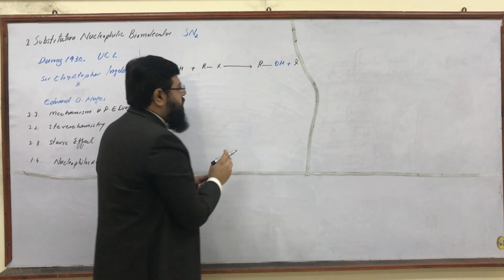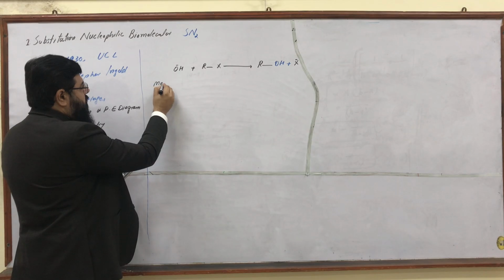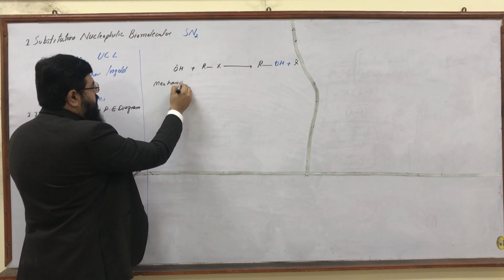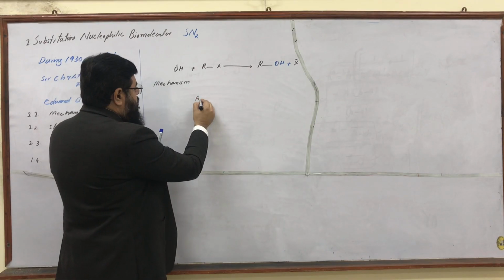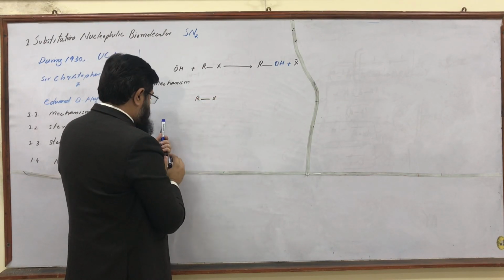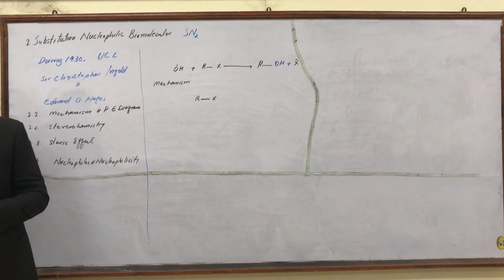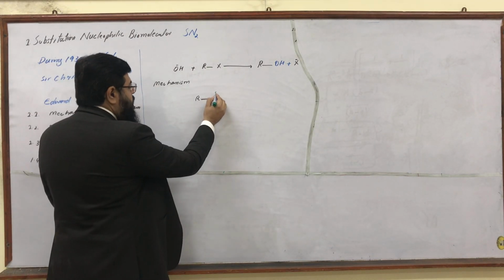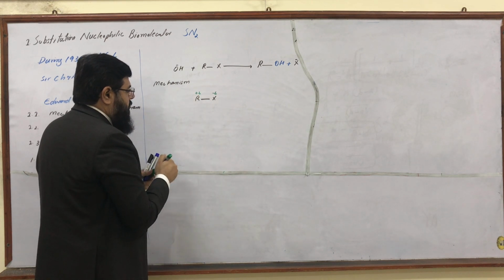So how does this reaction proceed, meaning what is the mechanism of this reaction? When we talk about the mechanism, there is a charge separation in this molecule. There is a partial negative charge on the halide part and a partial positive charge on this carbon.